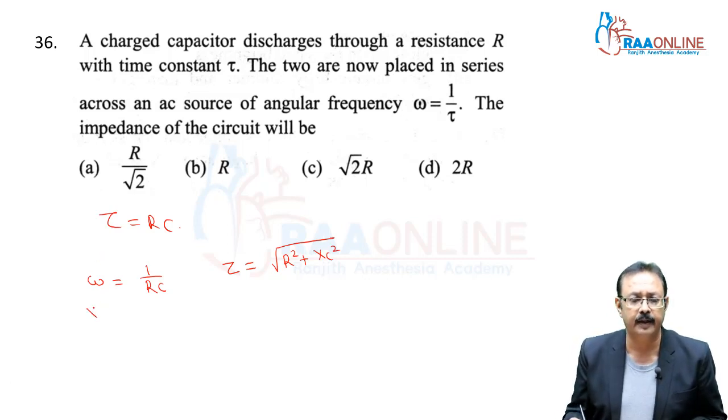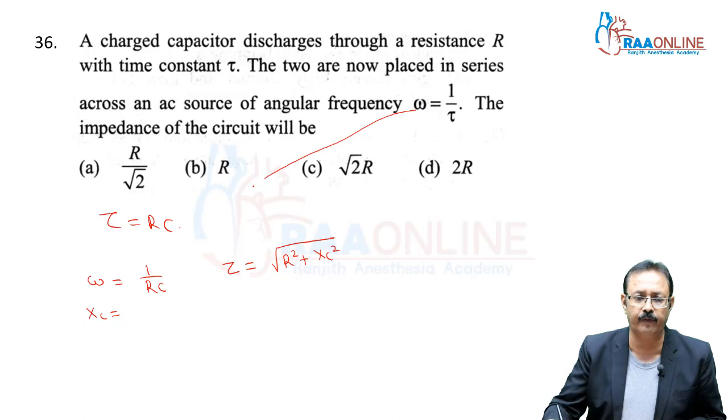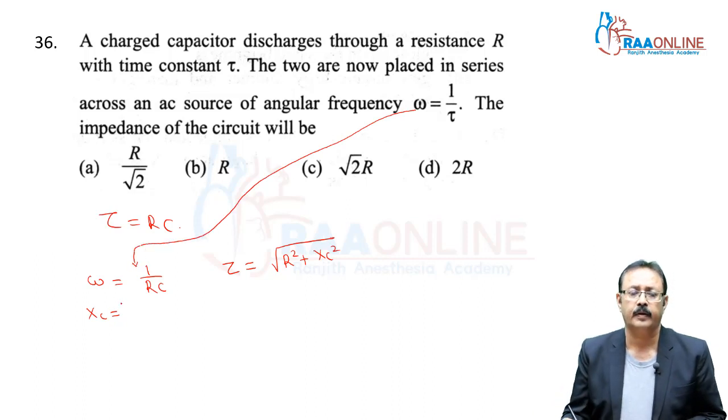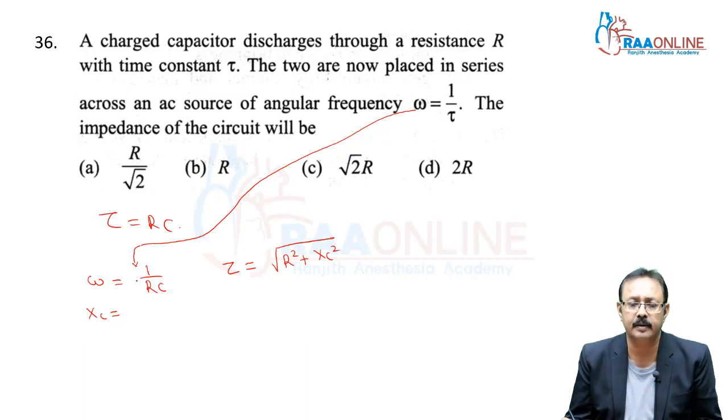It means tau is RC, so omega is 1 upon RC. But what is XC? XC is 1 upon omega C.